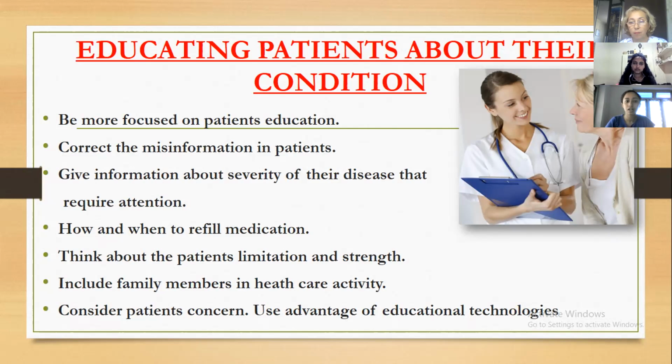For example, when a person is well educated, we can discuss their diseases in simple words. And if a person is illiterate or not educated, we must give more explanation regarding their diseases.